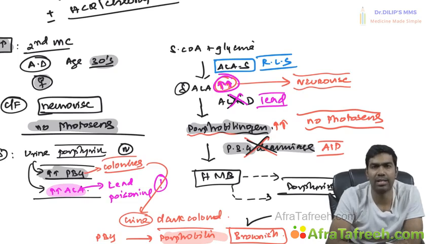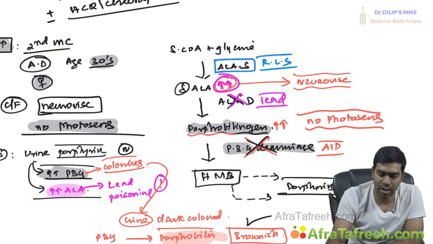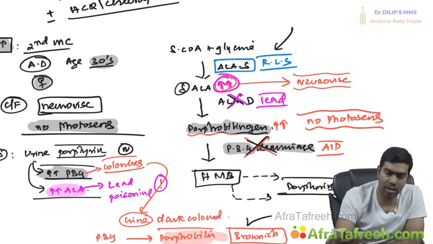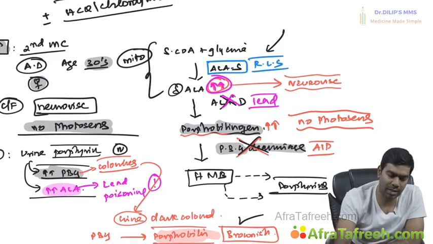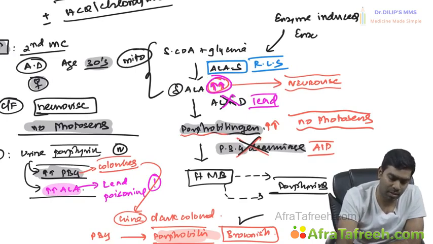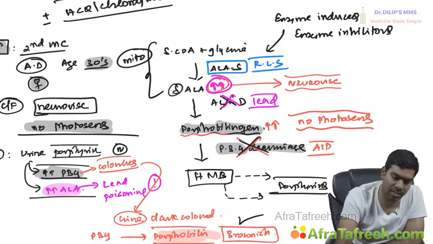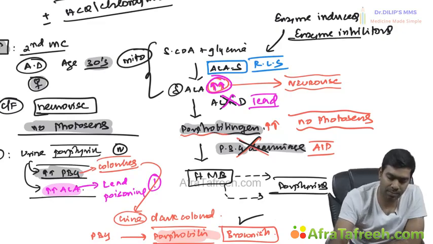And remember, I told you the ALA synthase enzyme is a mitochondrial enzyme also, which means it involves a cytochrome group as well. So it is susceptible to a lot of enzyme inducers as well as enzyme inhibitors.